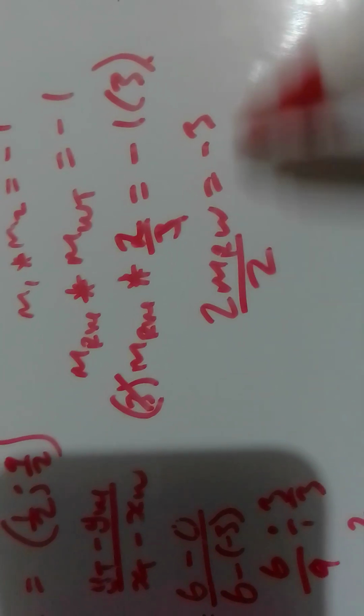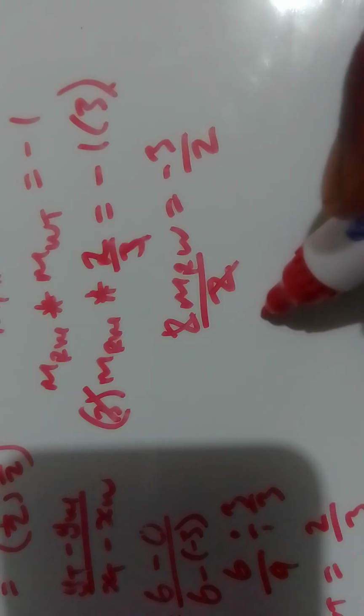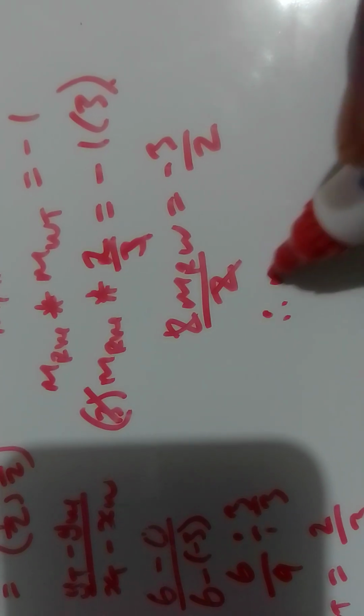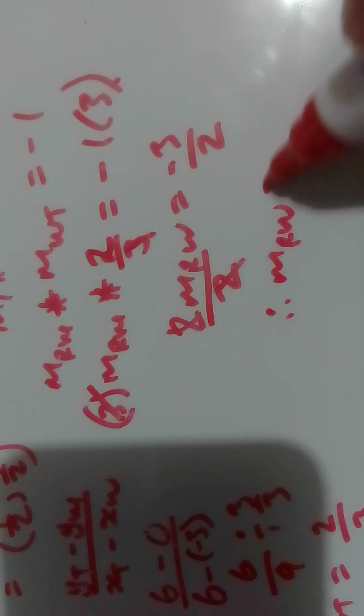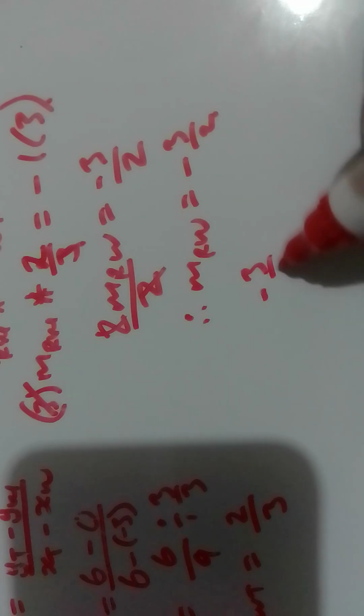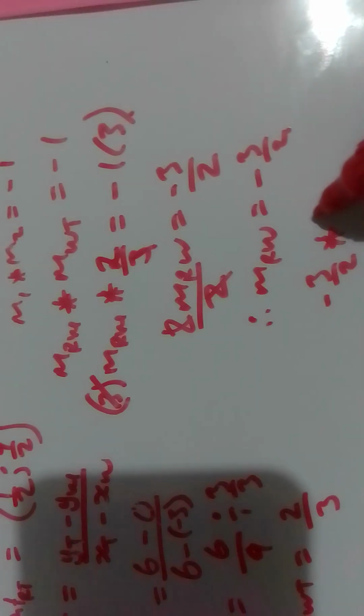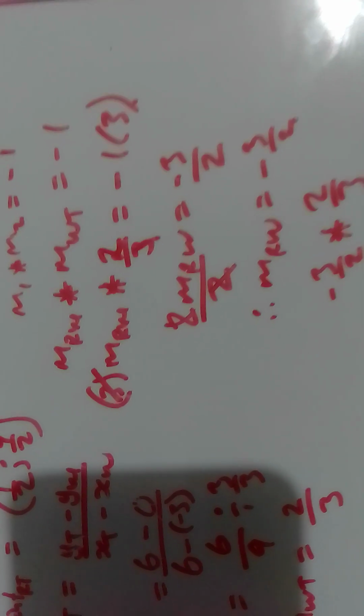So I divide by 2 there and there. Therefore, my gradient for line RW is equal to -3/2. And if I come here and say -3/2 multiplied by what did I have for the gradient of WT? 2/3. Multiplied by 2/3 here.